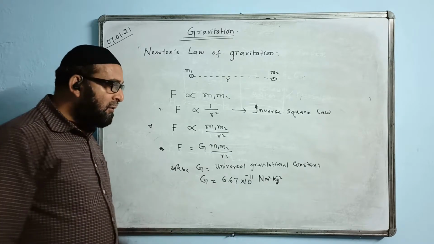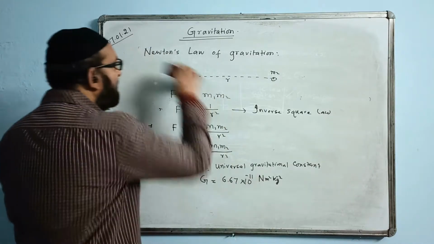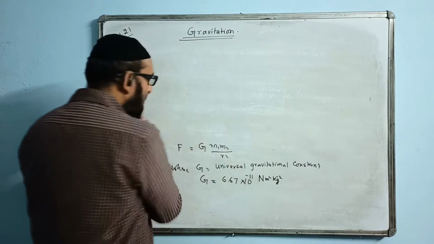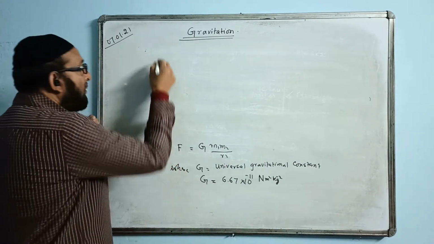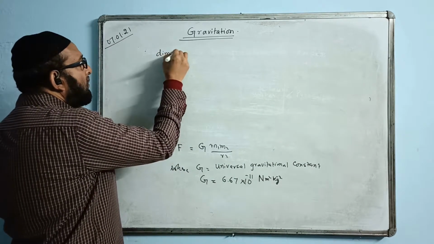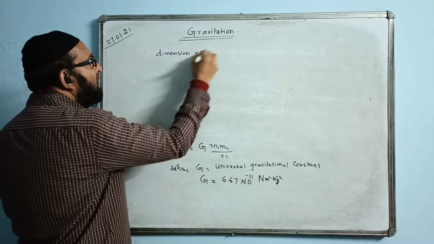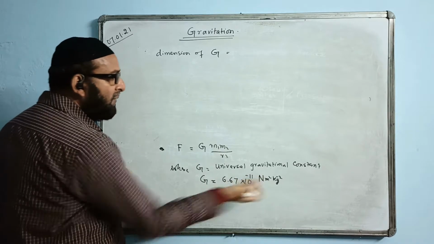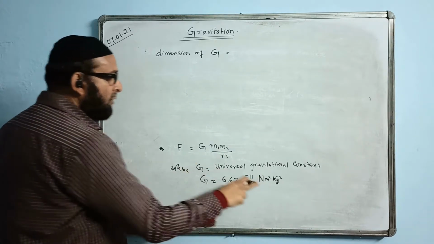We will find the dimension of G also. Physical dimension of universal gravitational constant. From this equation, or from the unit, we can find the dimension. Unit is Newton.